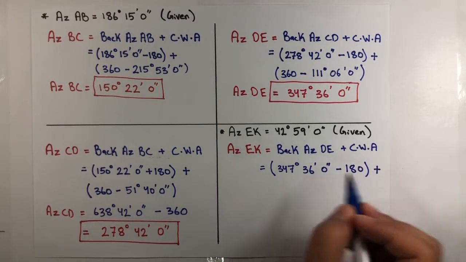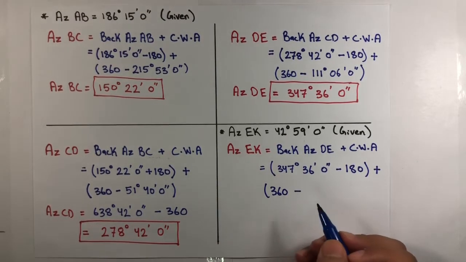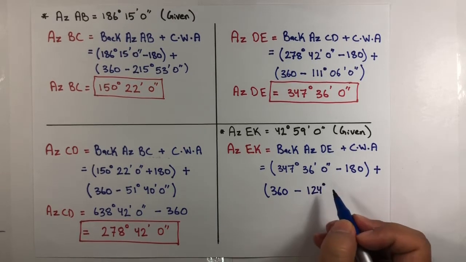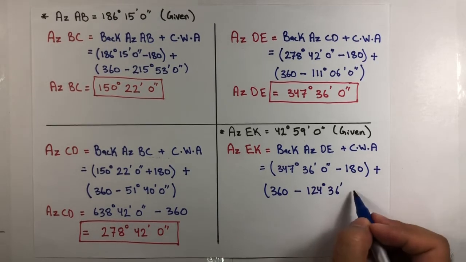It's more than 180, so we'll deduct 180 degrees plus the clockwise angle 360 degrees minus 124 degrees, 36 minutes.